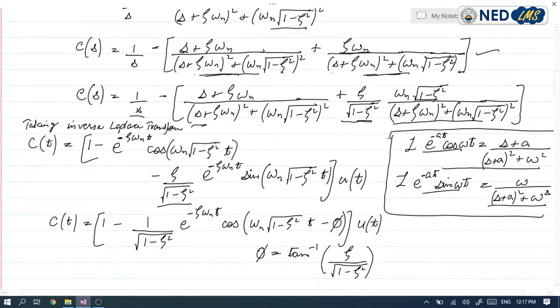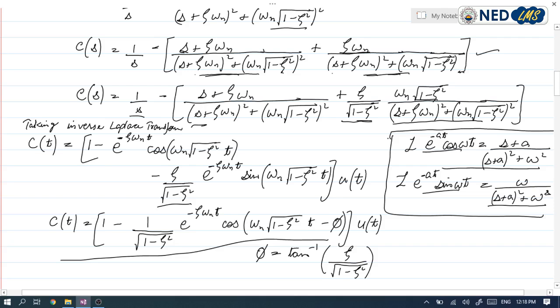We can write this equation in this form as well, as we discussed in the previous lecture, that by using the relation of cos alpha minus beta we can derive this relation, and in this output response phi will be equal to tangent inverse of zeta upon under root 1 minus zeta square.